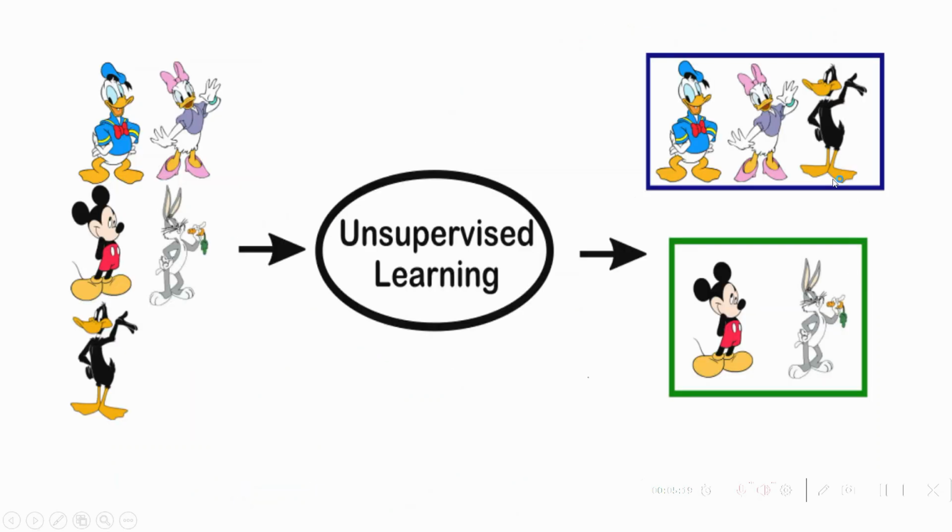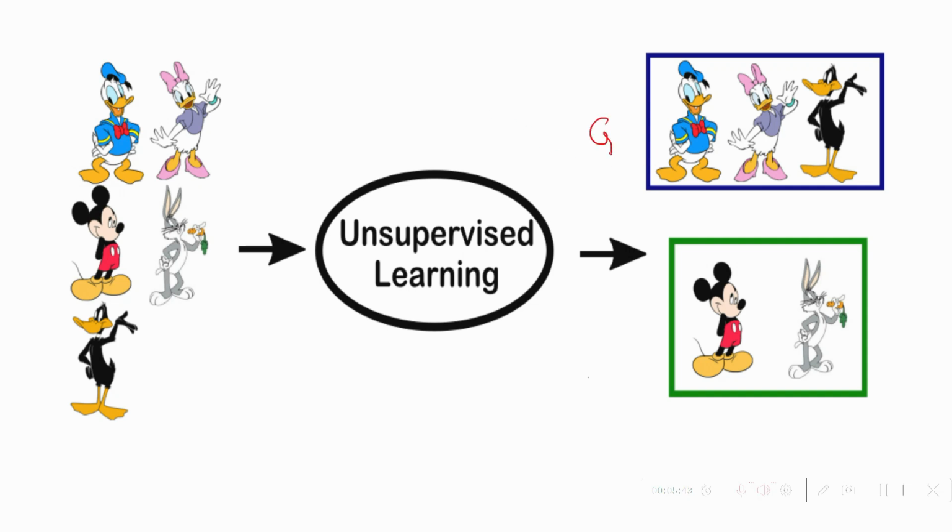For example, here we have different types of Mickey Mouse and ducks. Based on the features, we don't have any class labels. It may be a Mickey Mouse, it may be a duck, but there are no labels. But our model is going to automatically classify them into different groups.